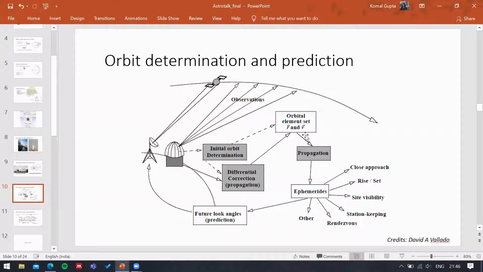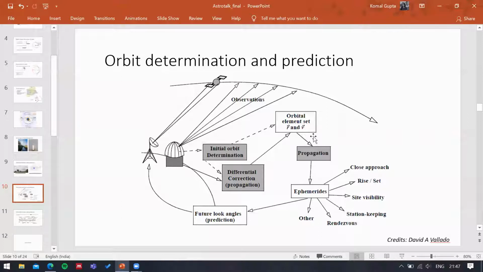So, with a small number of observations, we can get the radius and velocity vectors with some accuracy. But with additional observations, we can fine tune them, and we can use the differential correction process to get closer and closer to the correct values of radius and velocity vectors.